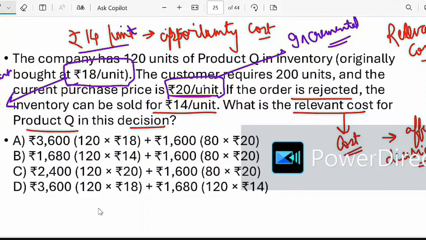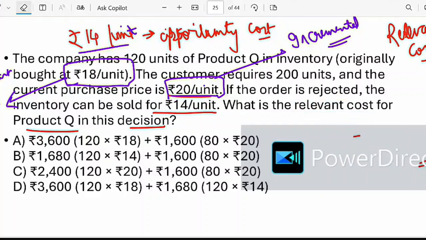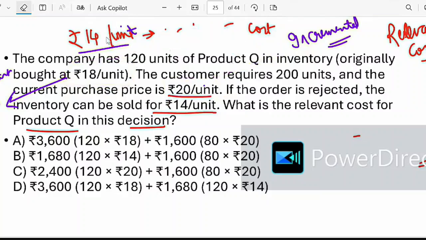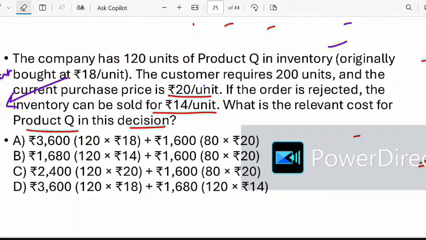Can you calculate the opportunity cost? How much is the opportunity cost here? Opportunity cost for how many units? 120 units. Very simple. Let me write down the opportunity cost.